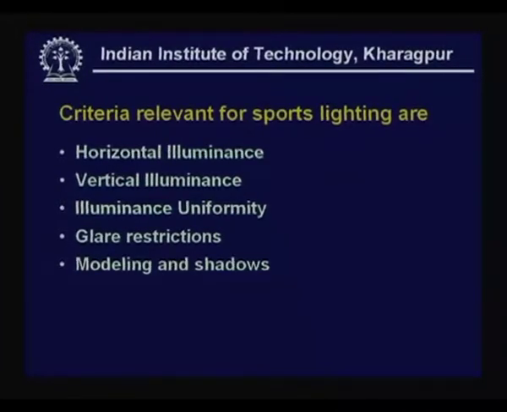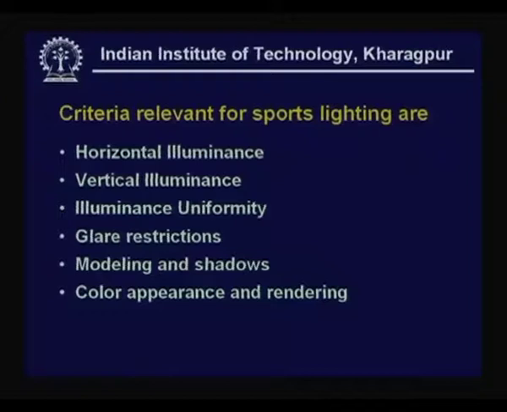The modeling and shadows, in fact, shadows are the only way to get a good perspective of the depth of any three-dimensional object. Therefore, modeling and shadows become important. And needless to mention, although spectator viewing may not depend very much on color appearance and rendering, from the media point of view, when the pictures are transmitted for TV and film, it becomes very important.